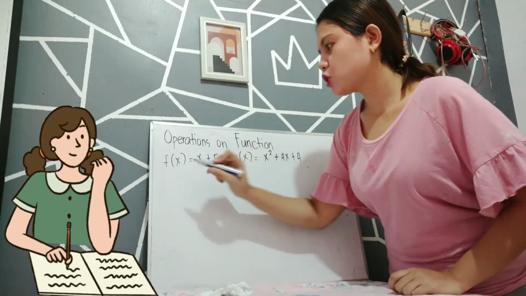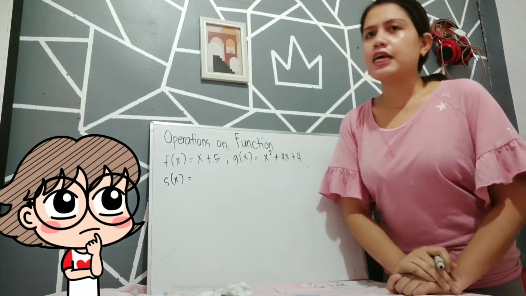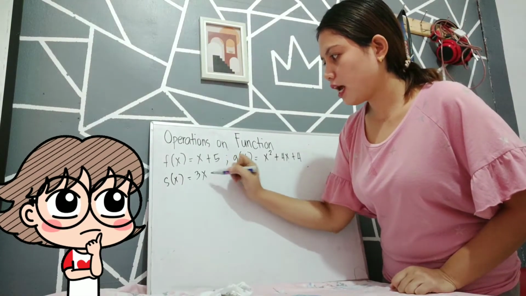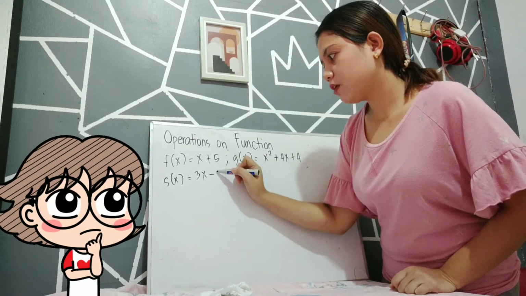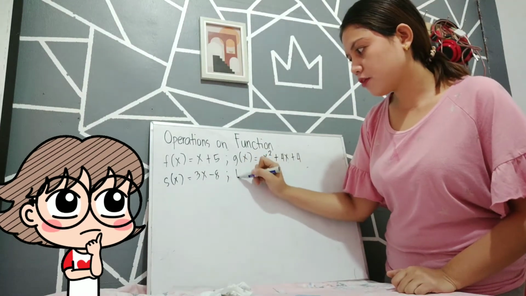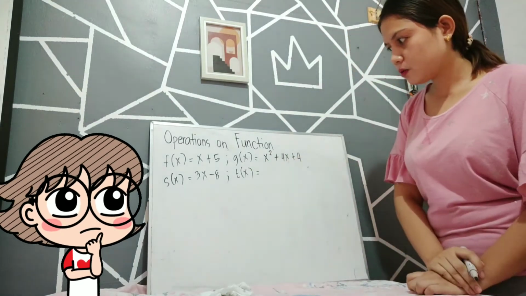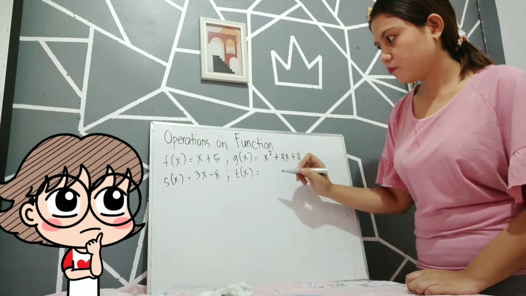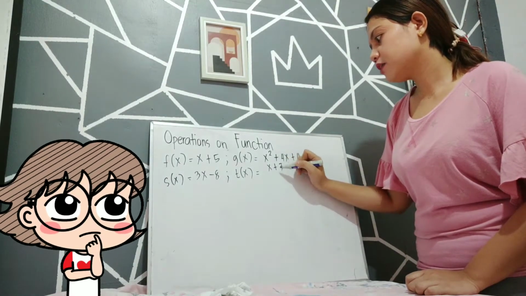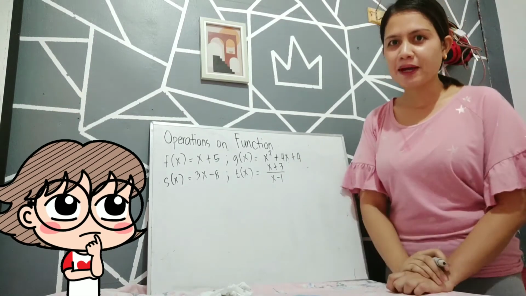Let's have another function: s of x is equal to 3x minus 8. Let's have the last example of a function: how about x plus 3 over x minus 1.